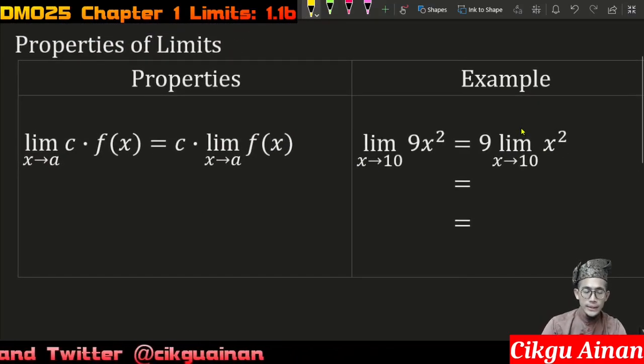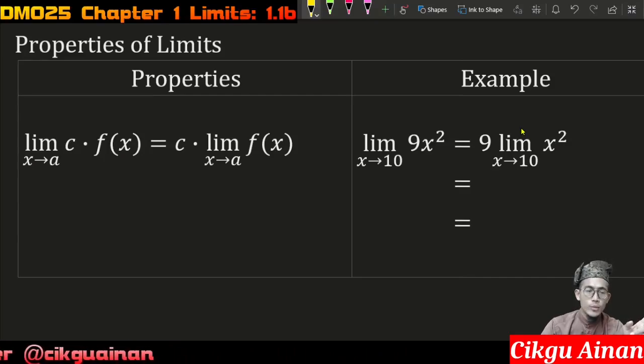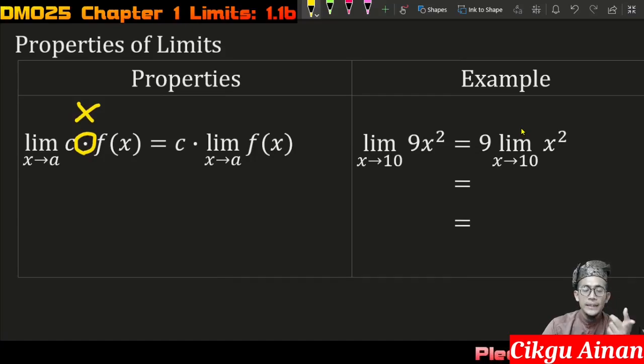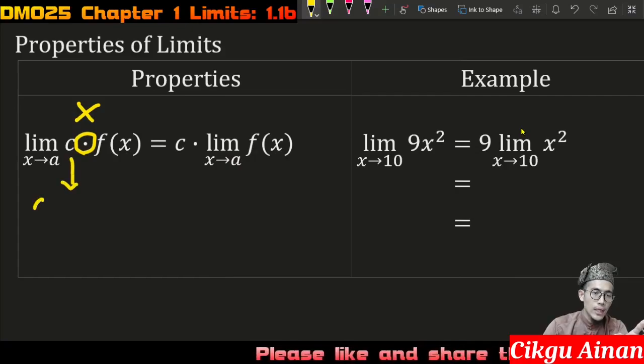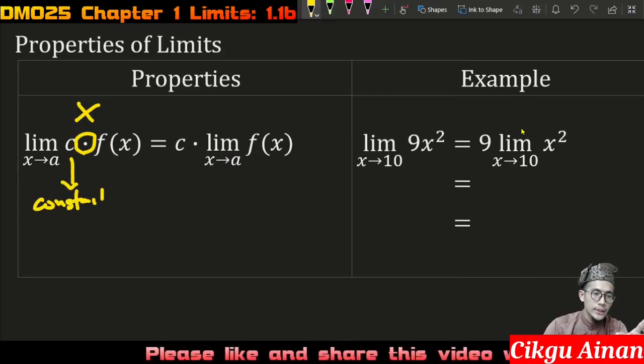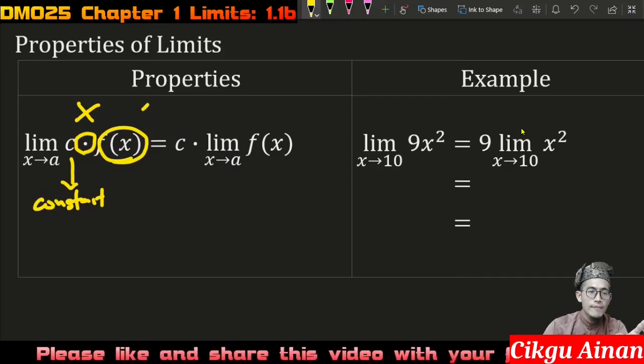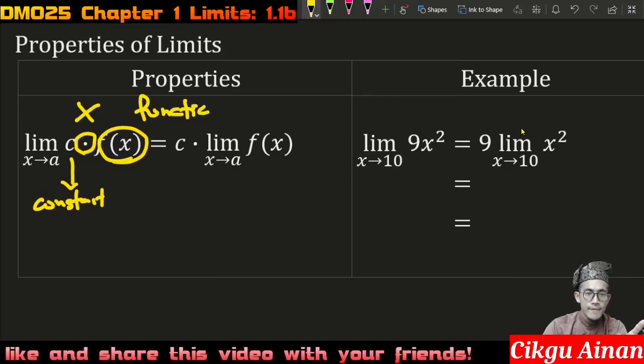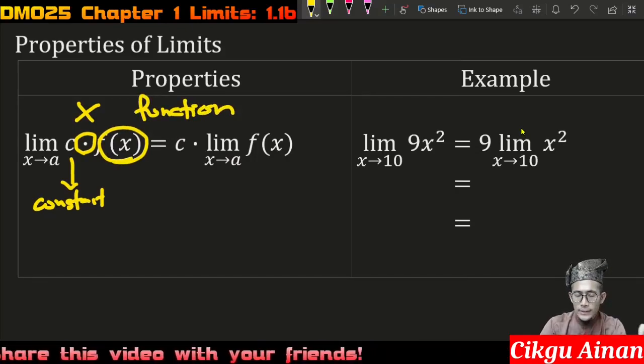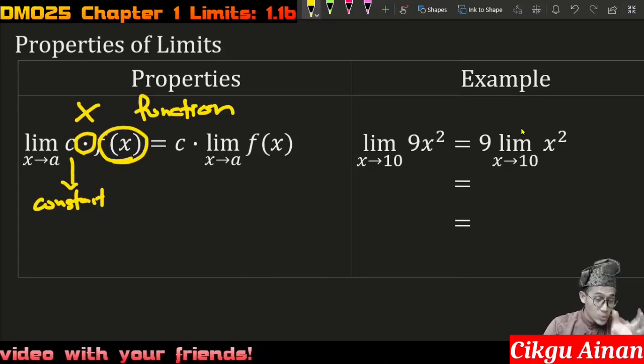Now, next one. This one is more or less like the multiplication one because we have this tiny dot. This dot also equals the multiplication sign. But over here we can see it's a constant multiplied by a function. So how do the properties work?